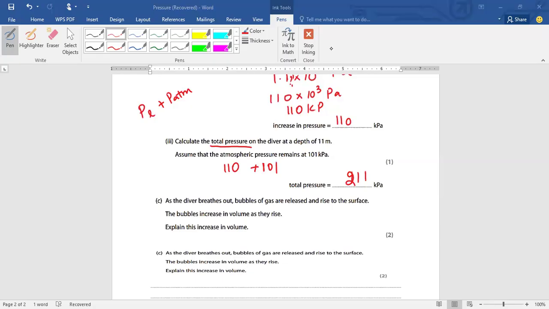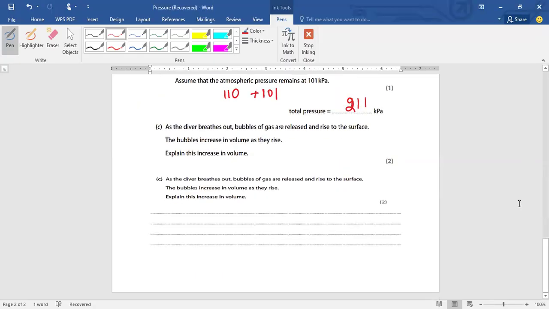What about the next part? As the diver breathes out, bubbles of gas are released and rise to the surface.